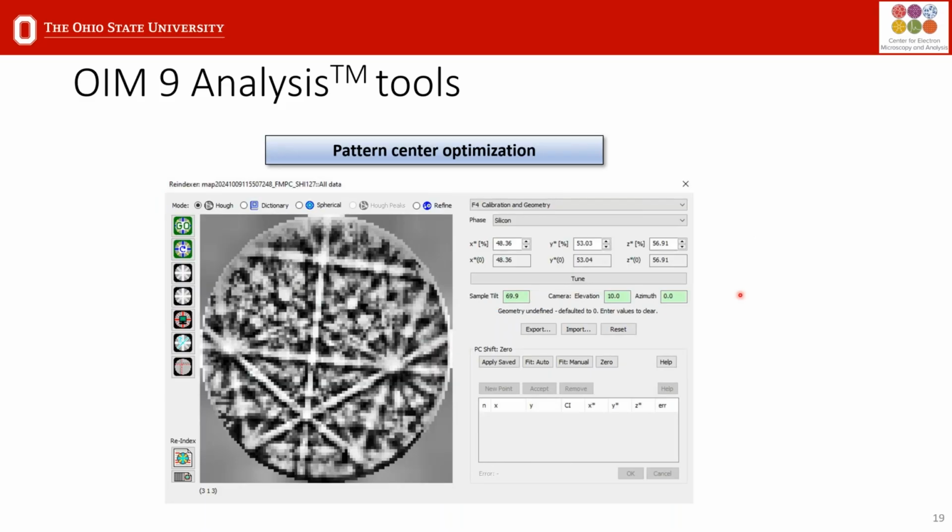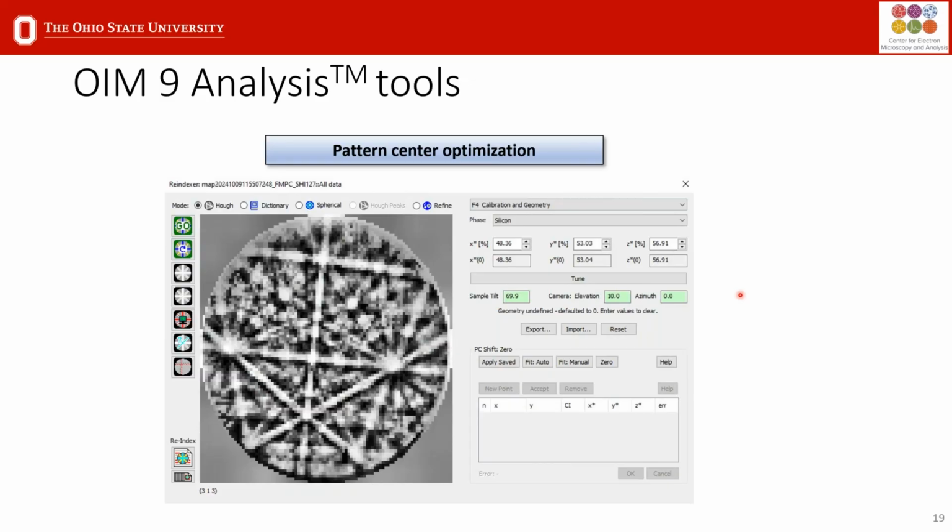The nice thing about the software as well is that it solves problems that you don't know you had. These re-indexing analyses are very sensitive to the pattern center optimization. As you scan the beam across larger and larger fields of view, if you move more than a pixel width of the detector, which is around 50 microns, the whole Kikuchi pattern will move, and the pattern center will move with it.